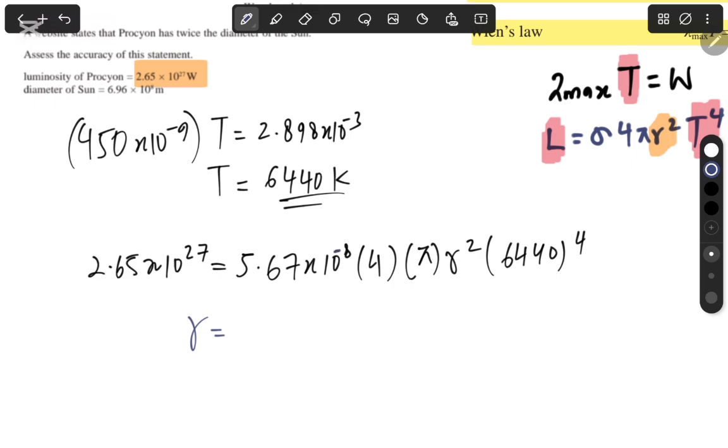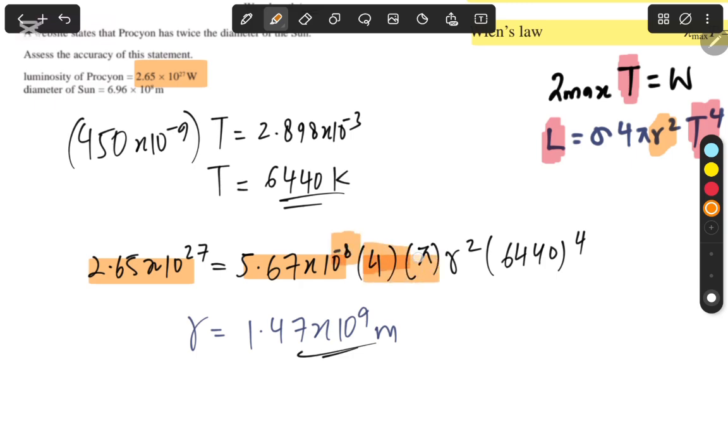That gives me 1.47 times 10 to the power of 9 meters. That's the answer. So we took the luminosity, we moved the Stefan-Boltzmann constant, which I forgot to take as minus 8 by the way, and then 4 pi and the temperature term, we take it all to the other side, and then we square root it to find the value of r.